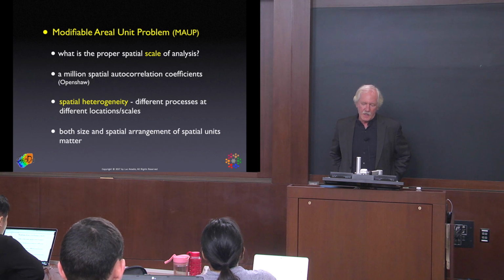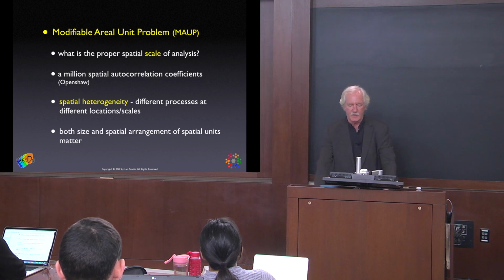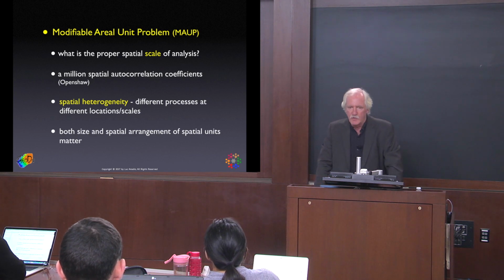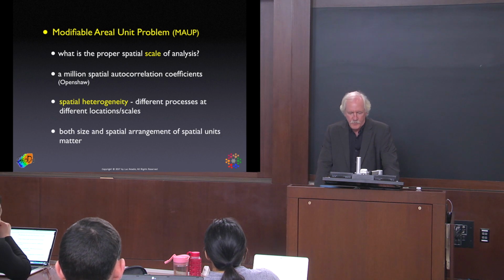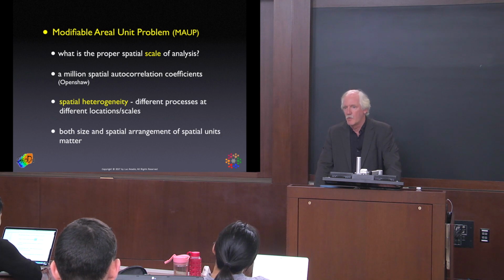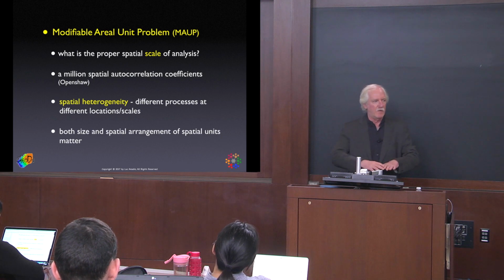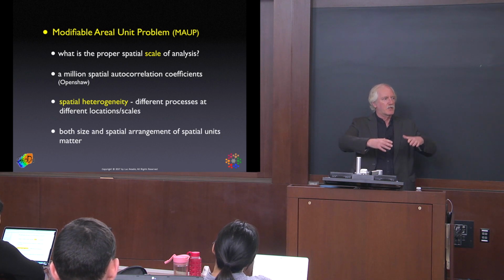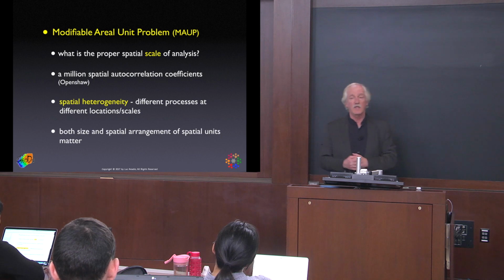And there's a classic study in the 70s by Stan Openshaw, which was entitled "A Million Spatial Autocorrelation Coefficients." And basically what he did is he took electoral data from Iowa and computed Moran's I spatial autocorrelation coefficient. We'll talk about that in a few minutes. And he did it at the ward level, and then he went up to larger and larger units of aggregation.